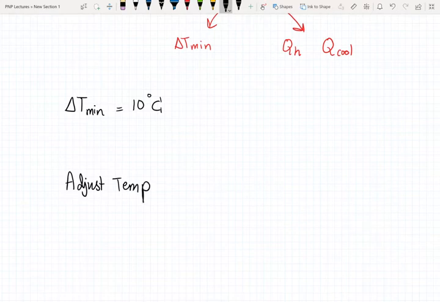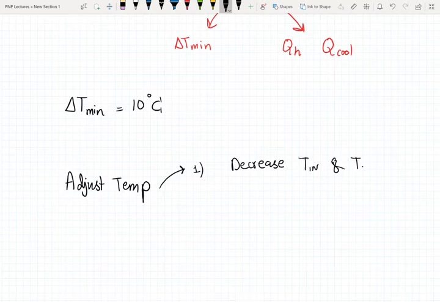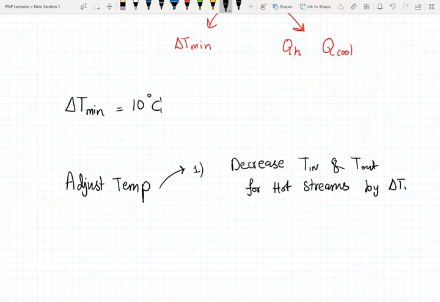Now there are 2 ways you can adjust the stream temperatures. Your first option is to decrease the inlet and outlet temperature for your hot streams by a value equal to the minimum approach temperature.